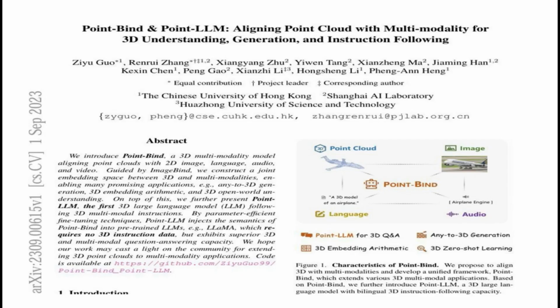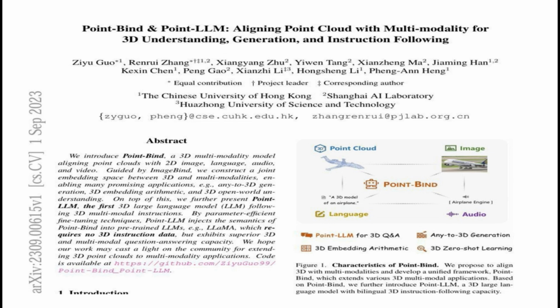Okay, next paper, it is Point-Bind and Point-LLM, aligning point cloud with multi-modality for 3D understanding, generation, and instruction following. Difference: understanding 3D data is one of the most complex challenges in AI.